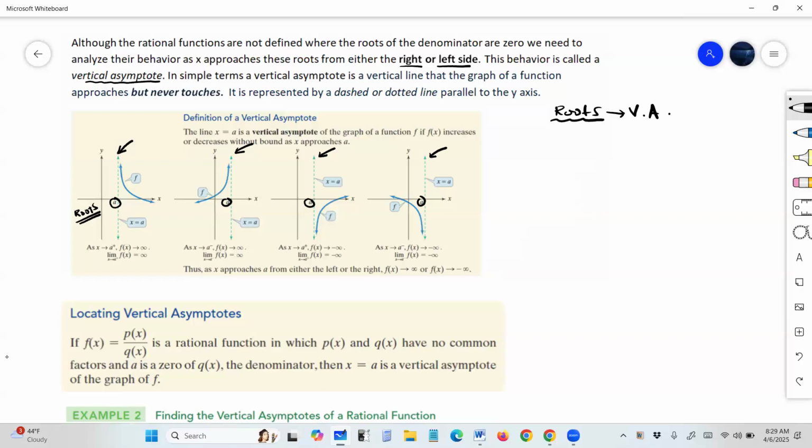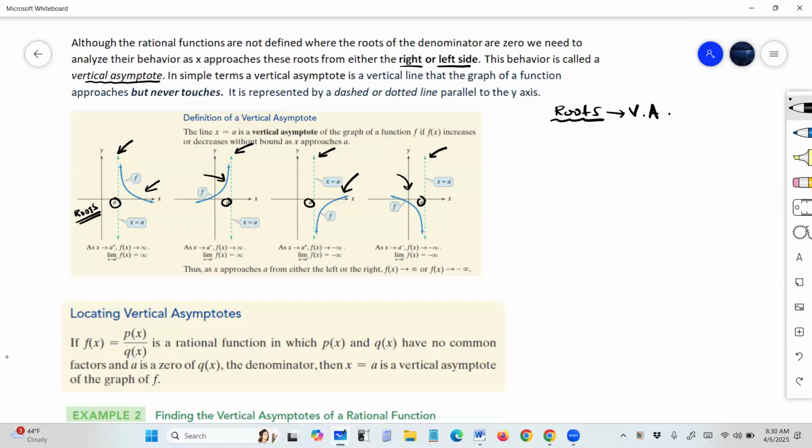Now, the function may be approaching the root from the right side going up, the left side going up, the right side going down, the left side going down. So here are the four possible cases. And we know that by evaluating the behavior of the function. So we can find the vertical asymptotes very easily. I'm going to show you how in a second.